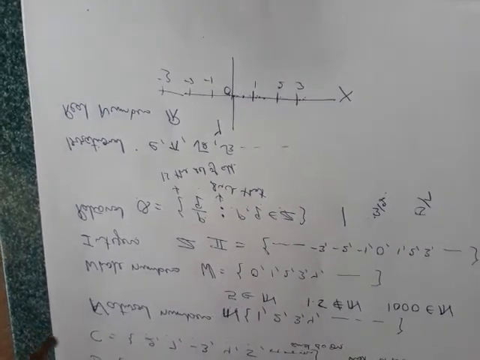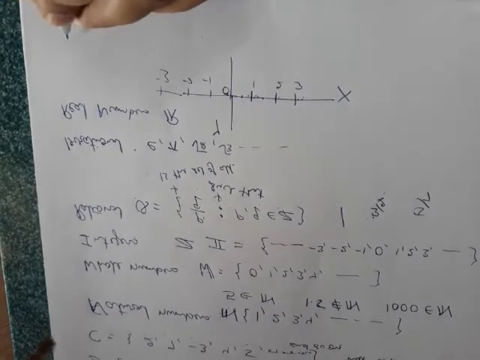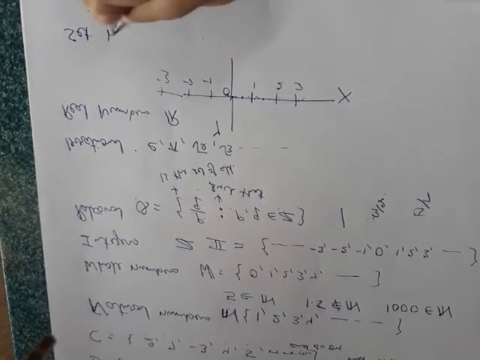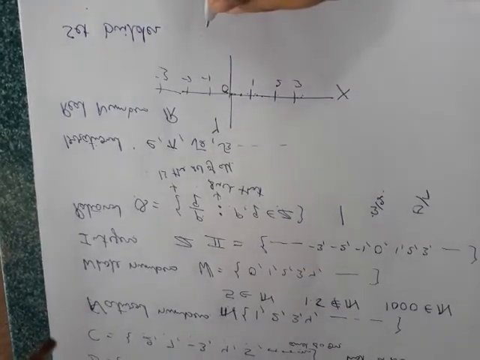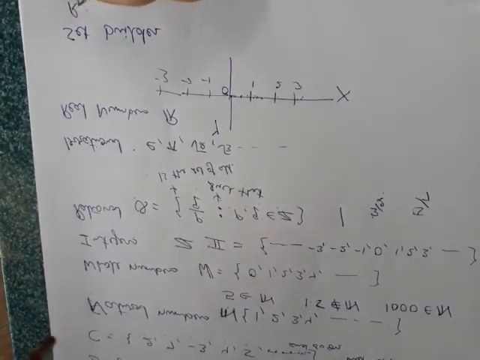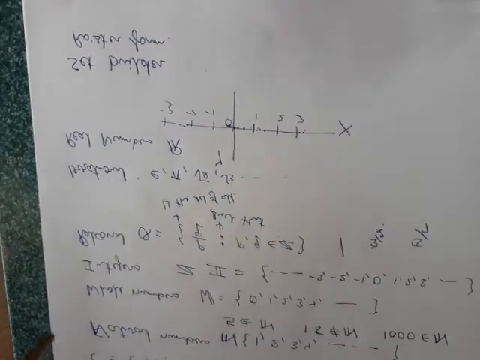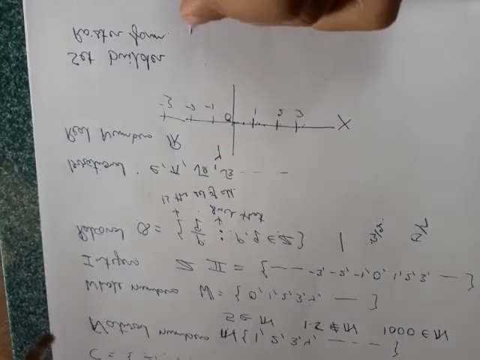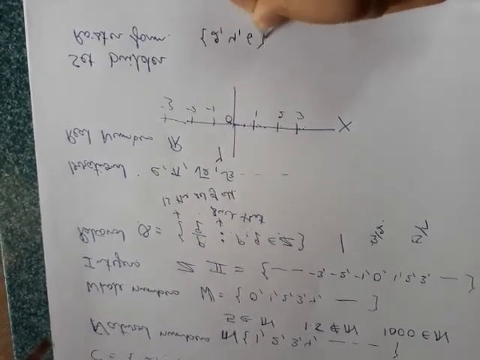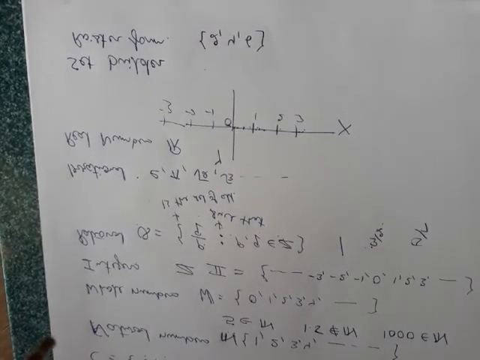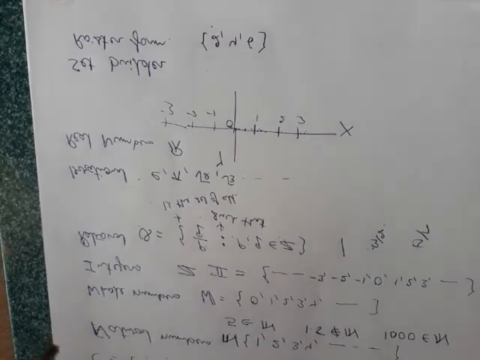These sets are usually written in two forms. One is the set builder form and another is the roster form. In the examples that we have seen, like when we were saying we have three numbers 2, 4 and 6, we have written the elements directly.